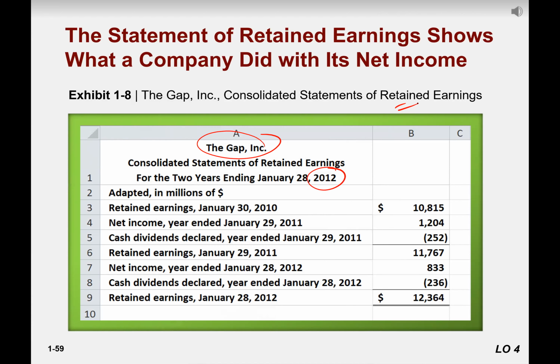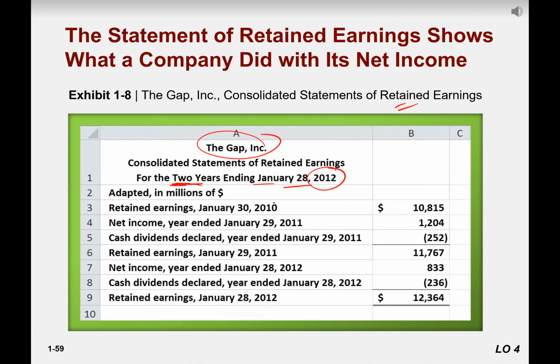So this is the retained earnings statement for 2 years ending January 28, 2012. Remember, 2 years. Normally we make 1 year retained earnings. So I'm coming to your point, Junpyo.